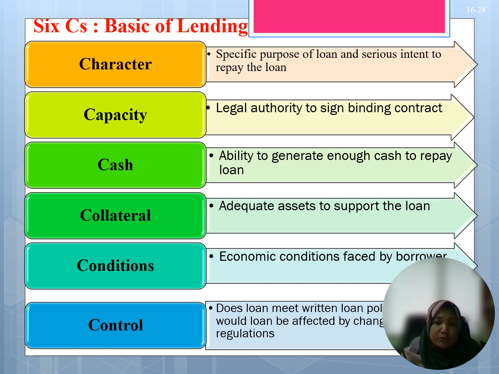If the customer provides collateral to get the loans, the bank needs to check the quality and marketability of the collateral, its characteristics, and whether its value can support the loan if the loan defaults.